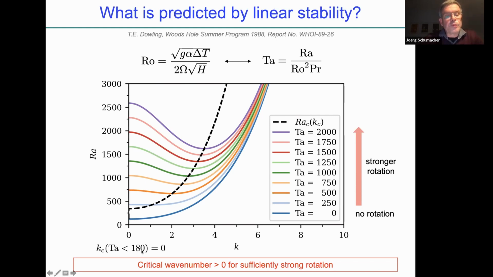For Taylor numbers which are larger than 180, the critical wave number is not anymore 0, but it is larger than 0. And that means that the characteristic wavelength becomes finite. So sufficiently strong rotation brings our system again back to the case which we know from the classical Dirichlet system.